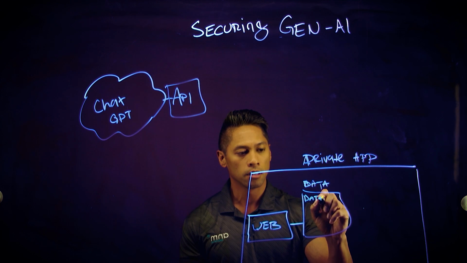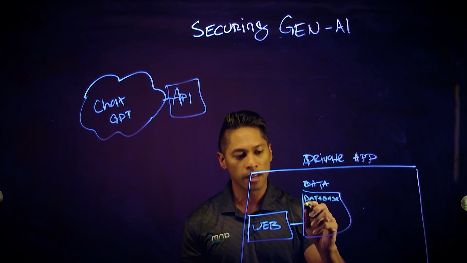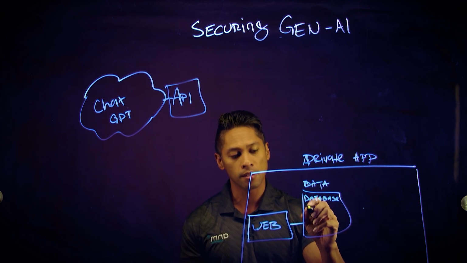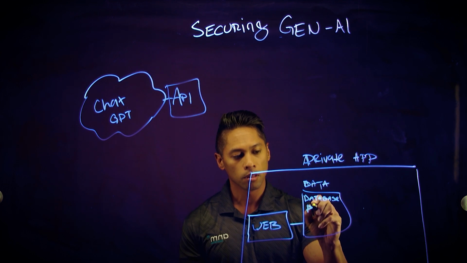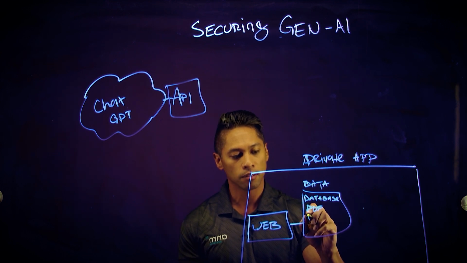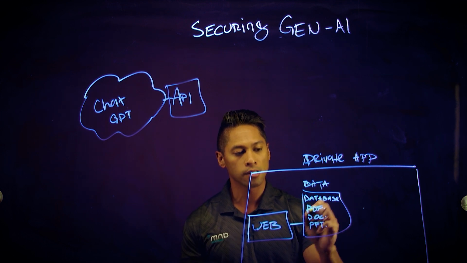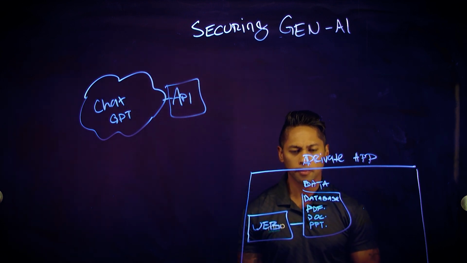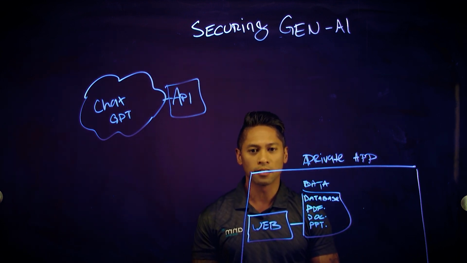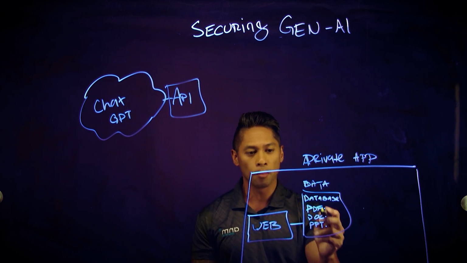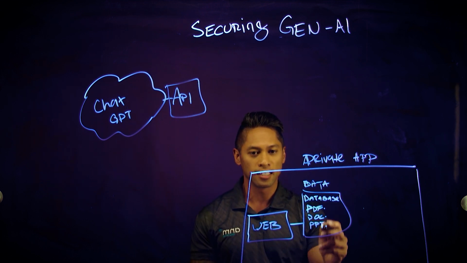So a database or just some documents, like a PDF, Word documents, PowerPoints as examples. Now, by default, this LLM isn't going to be able to query this data set, right?